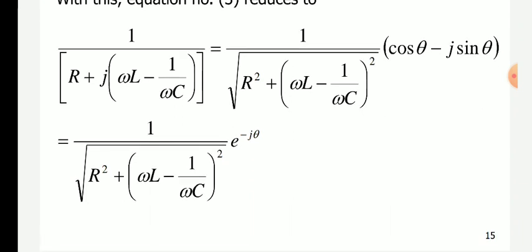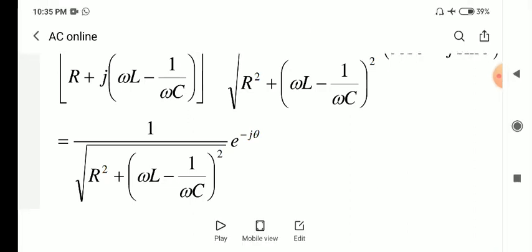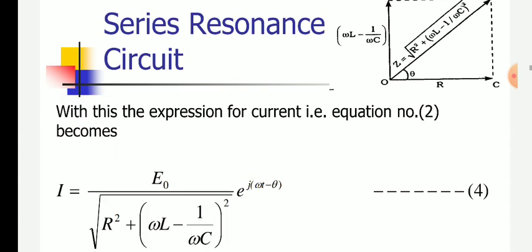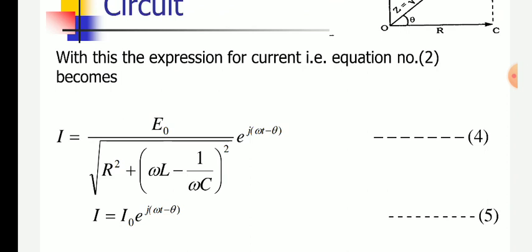Therefore we can write cos theta minus j sin theta as e raised to minus j theta. Substitute this value in equation number 2 and simplify it. On simplifying, the expression for the current is I equal to E naught divided by the square root of R squared plus bracket omega L minus 1 over omega C whole squared, into e raised to j into bracket omega t minus theta.